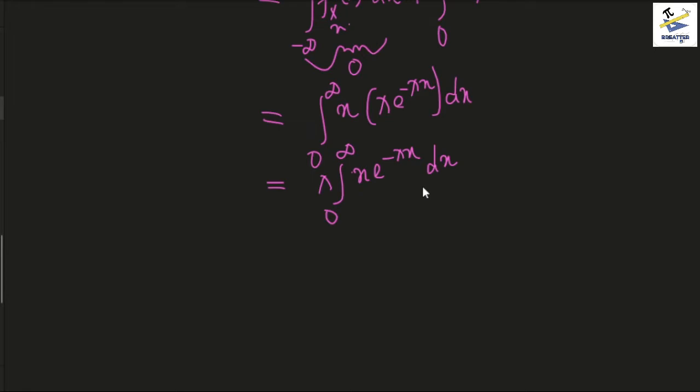But for now let us use IBP. And you know from the ILATE rule that when you have an algebraic function and an exponential function, the algebraic function becomes the first function, right?